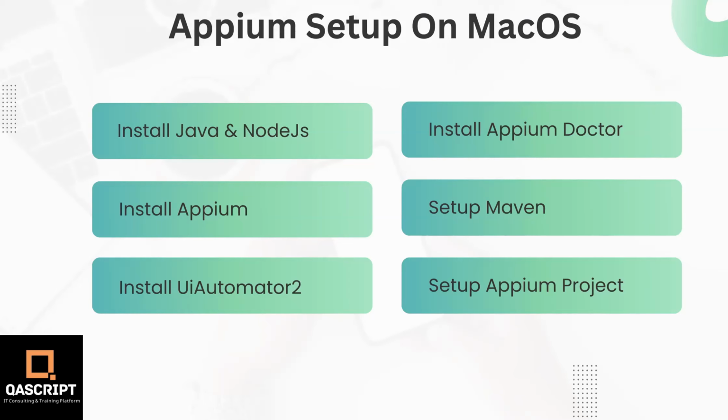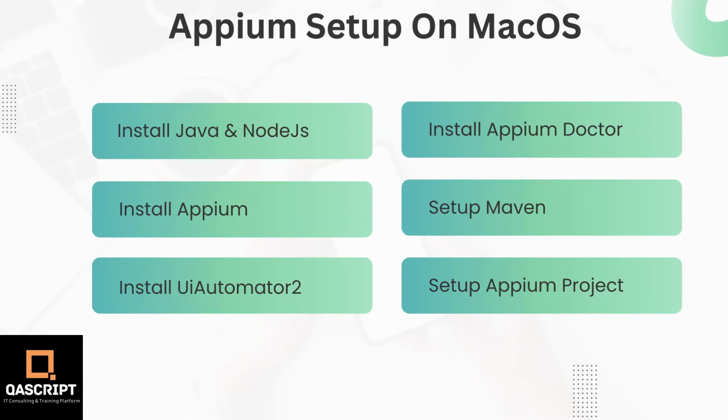But we will try to look at things which are different in Mac OS, and we'll also be doing this whole setup mostly from the terminal instead of from the UI. Now, we'll look at how we can install Java and Node.js, how we can configure the different environment variables for Android and Java.